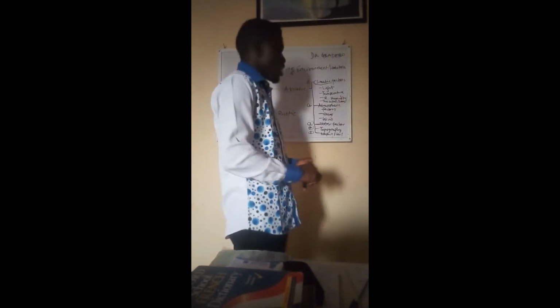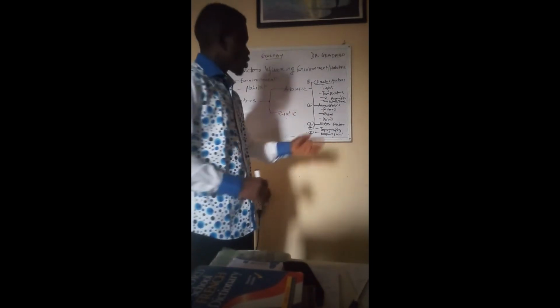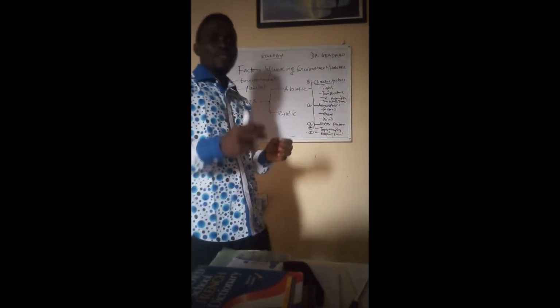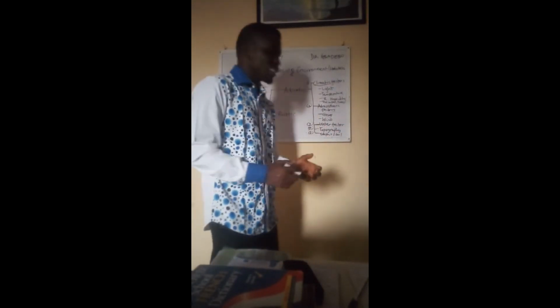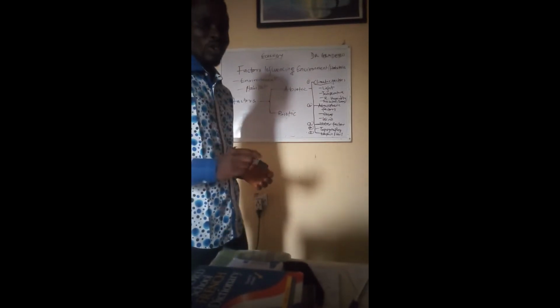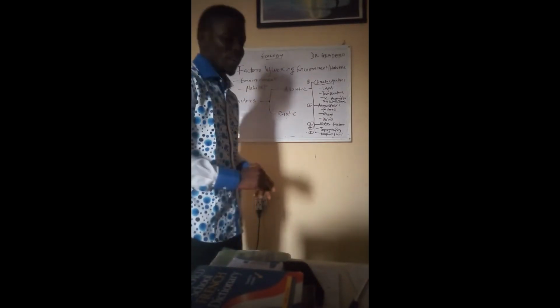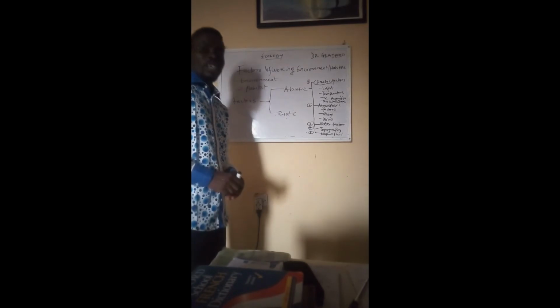Salinity is also a major factor when you are talking about water factors. It is the level of salt content in the water that is available to either the terrestrial organism or the aquatic organism. The level of salinity, which is salt content, is also a very important factor that affects organisms.